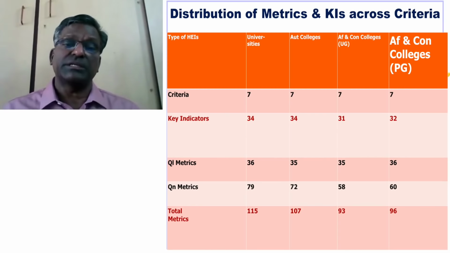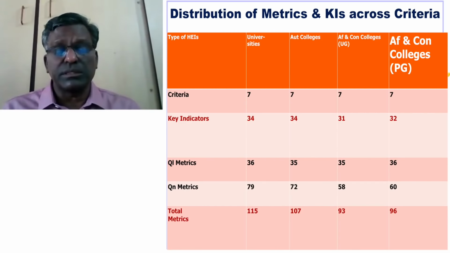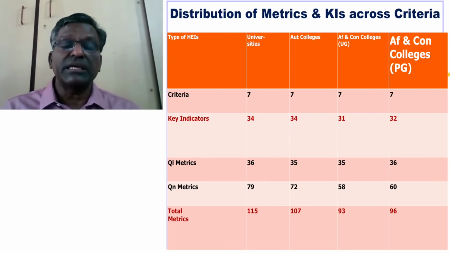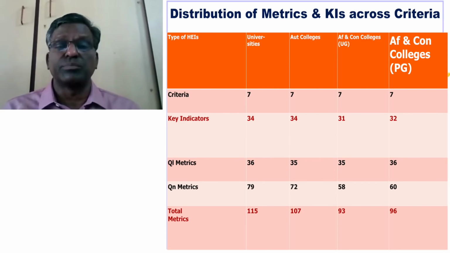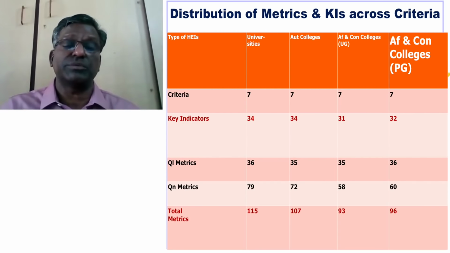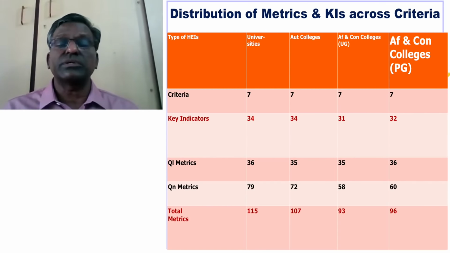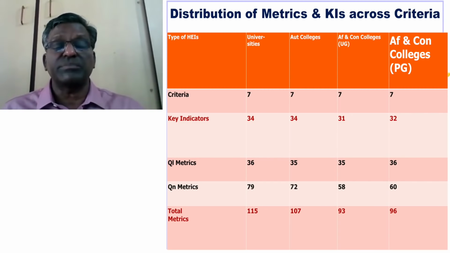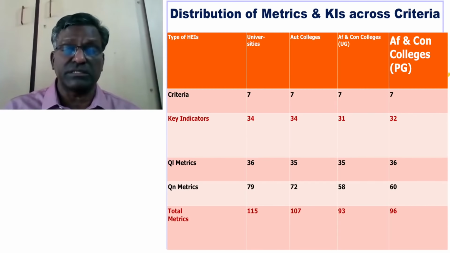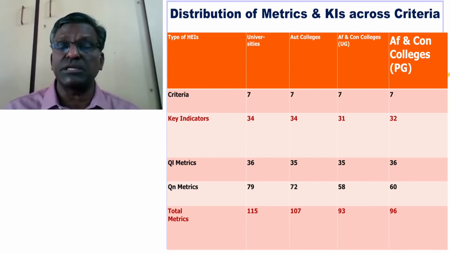Now, within the first criterion, or within the second criterion, or within the 6th criterion, or within the 7th criterion, there are key indicators. This is like you take a book and you divide the book into different chapters. So the chapters would be analogous to criteria, and within the chapter, you have the subtitles, the subheadings, they would be the key indicators. And look at the number of key indicators.